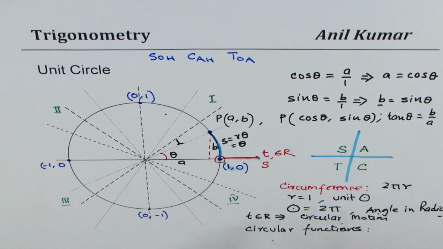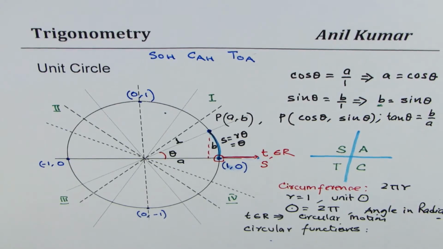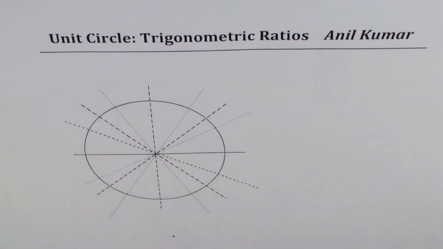After every 2 pi, they repeat. Correct? So what we have learned in this part of the video is connected with some basic concepts and the unit circle. And now we will fill up this unit circle with values so that you could directly read sine and cosine values from the circle itself.